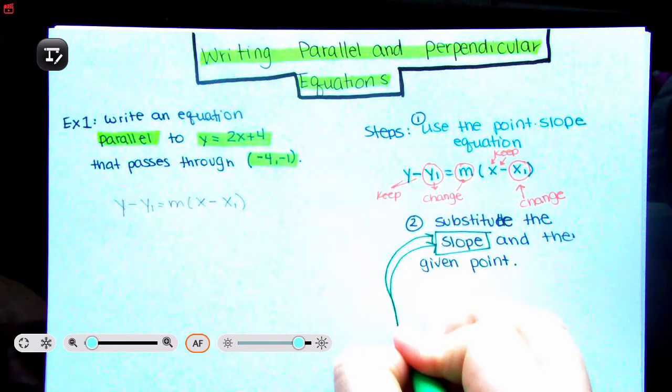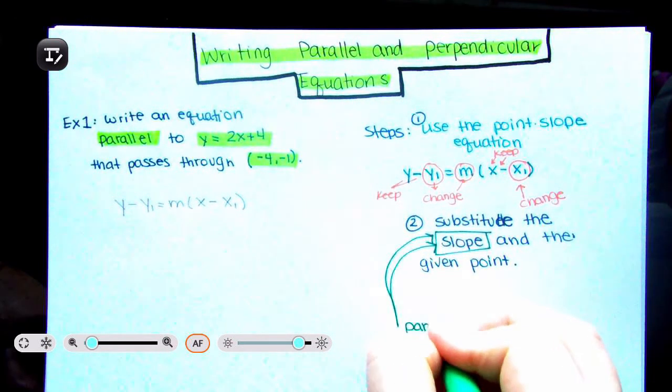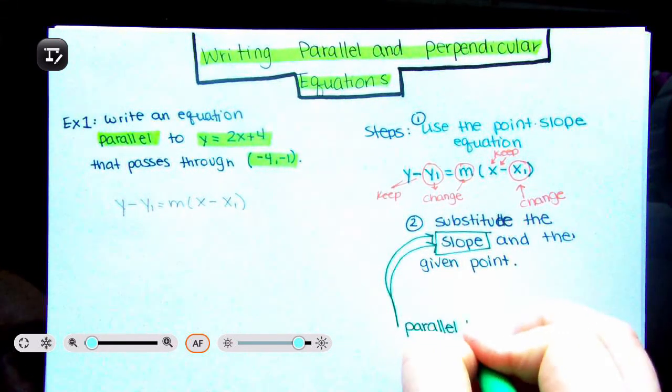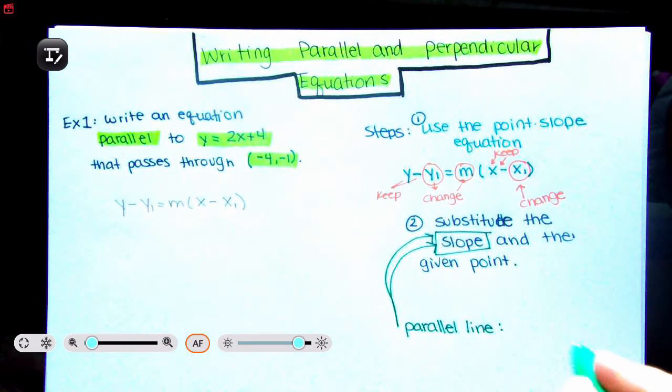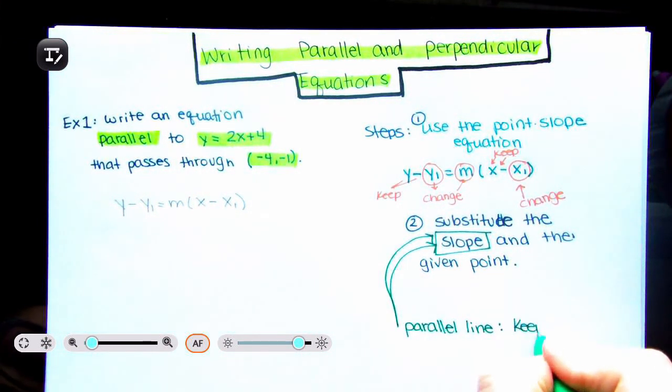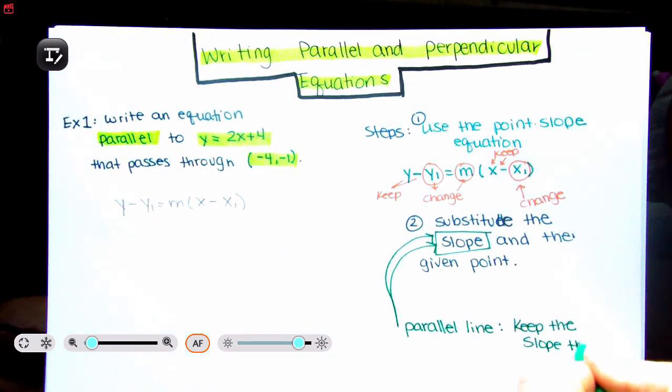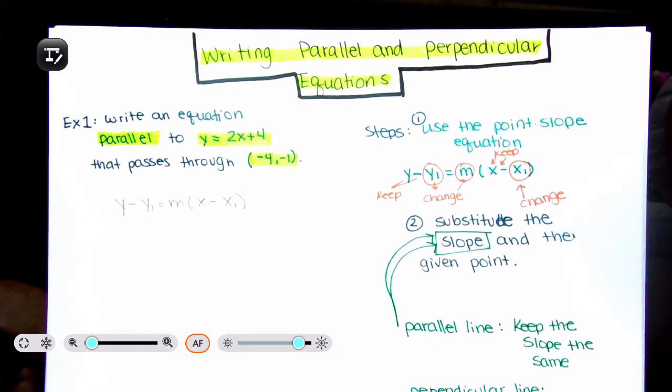If you want parallel, if you want a parallel line, you're going to keep the slope the same. If you want a perpendicular, you want your opposite reciprocal.